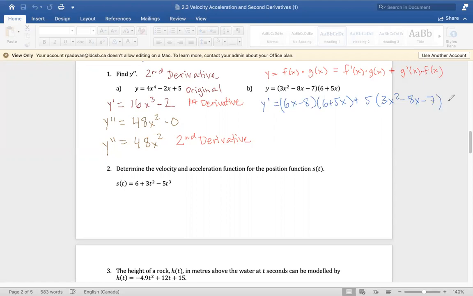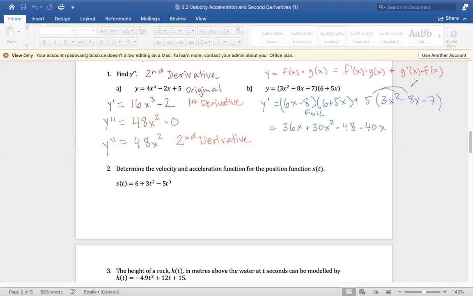Then here, to go farther, expanding two binomials here, I'm going to be using FOIL here, right? So that would be 36x plus 30x squared minus 48 minus 40x.